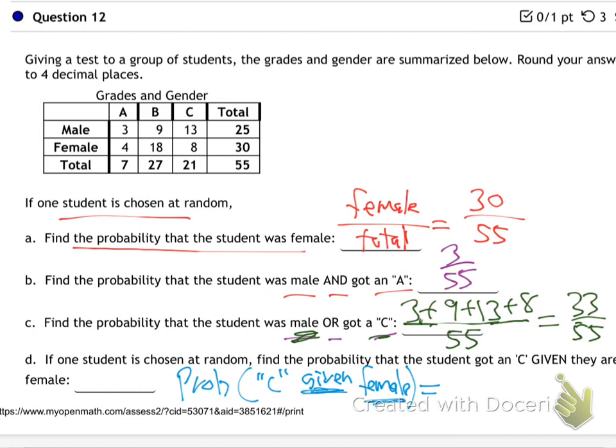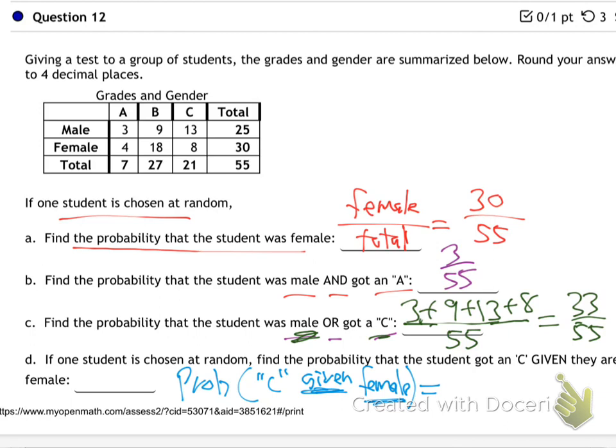So when they say given that they're a female, it'd be like if I played this game with you guys. If I said, hey, I just grabbed a student at random off my roll sheet, and what's the chance it's somebody that got a C on the first exam? Let me give you this information. It is a female. That's what they're saying. Given that it's a female, they're giving you that information.